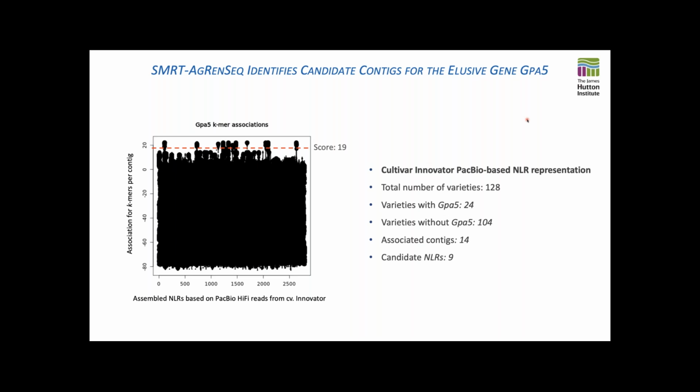When we did our association study, again, we got positive association. We had 14 contexts that were positively associated. These contexts are very big because they're PacBio-based contexts. They can actually have multiple NLRs. So we actually have more than 14 NLRs that made it through the analysis. But I'll give it away now, we actually have 9 candidates that are remaining.